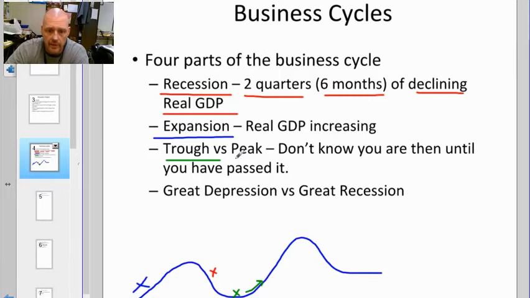Or you look at, say, your peak, our peak is back over here. Well, how do we know when the peak was? Well, once we've already started to see GDP slow down, that's when we know, oh yeah, back in winter of 2019, that was the peak for this chunk of our business cycle. Right? And then as we got into early 2020, we started seeing recession.